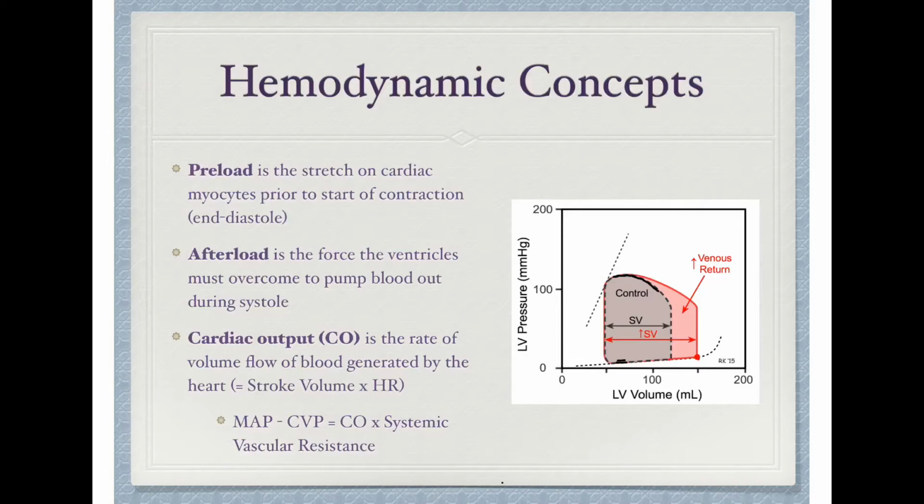And as a result, the stroke volume, which is the difference between the end diastolic volume and the end systolic volume, increased in this red loop compared to the gray loop, as seen by these arrows here. This reflects a very important principle called the Frank-Starling law of the heart.